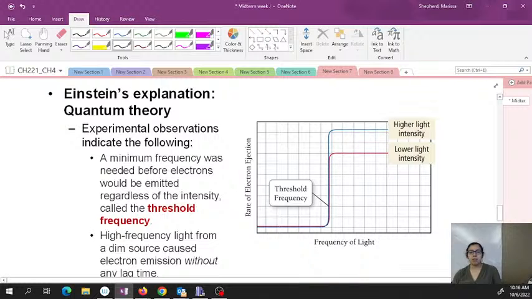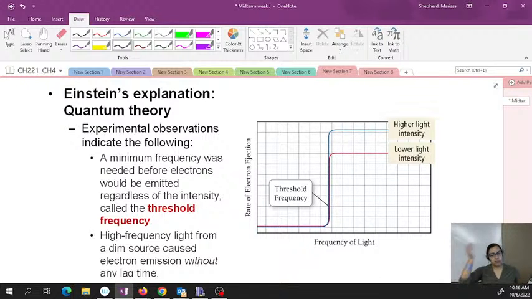So if you use, for example, a lower intensity light, such as red, and red we learned has long wavelengths, so less energy, you could hit that metal with the red light source all day, and nothing would ever happen. It would never eject an electron. But as soon as they went to a blue light source that was at the right energy level, it didn't matter how dim it was, it still caused that electron to be ejected instantly.